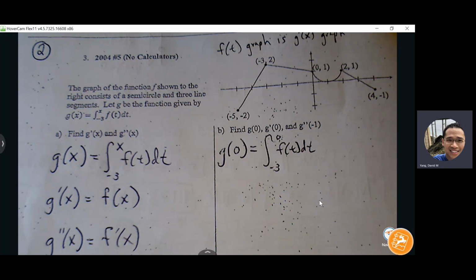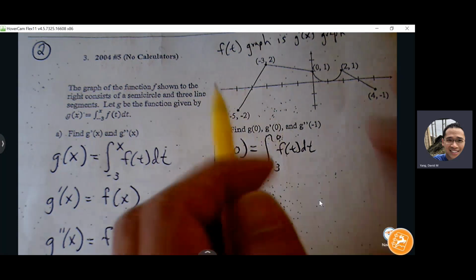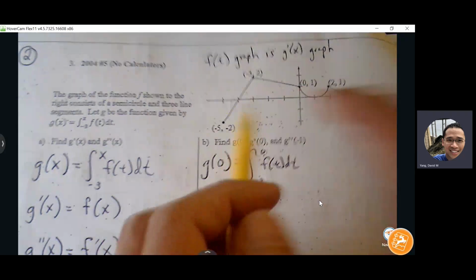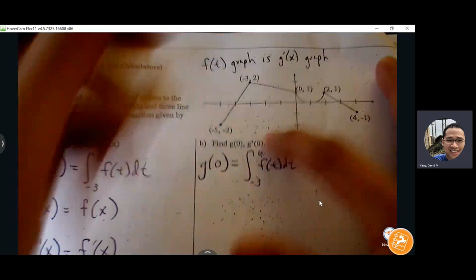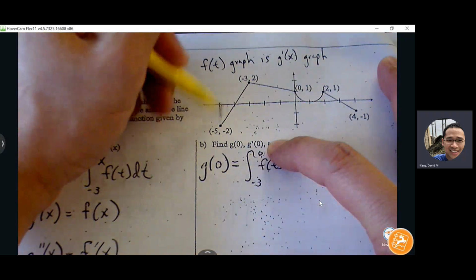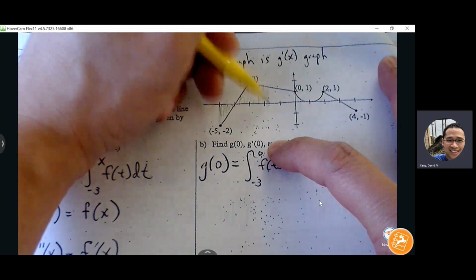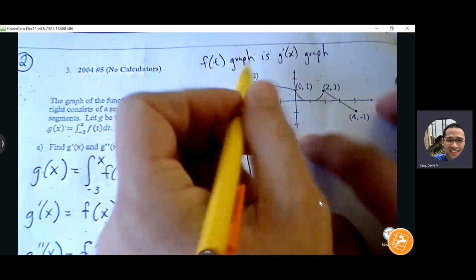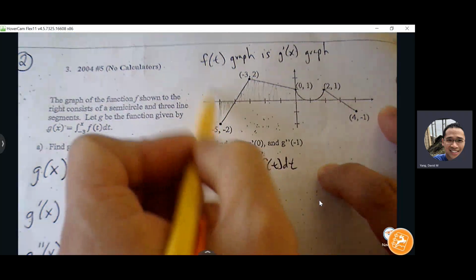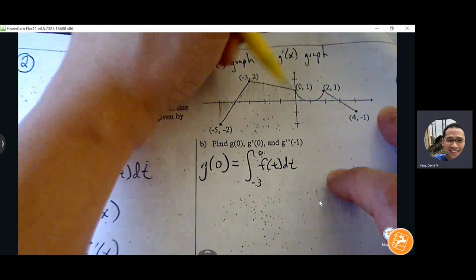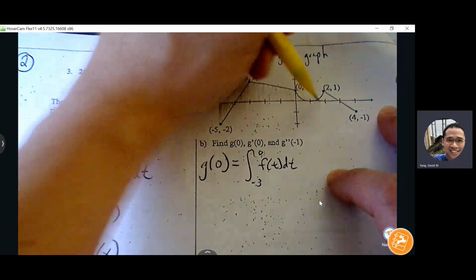Keep in mind that anytime we're looking for area, make sure you're looking in the correct region. You may see different shapes in front of you, but you're only looking at what's between the graph and the x-axis. I'm going to shade in lightly all the potential places we could look at.